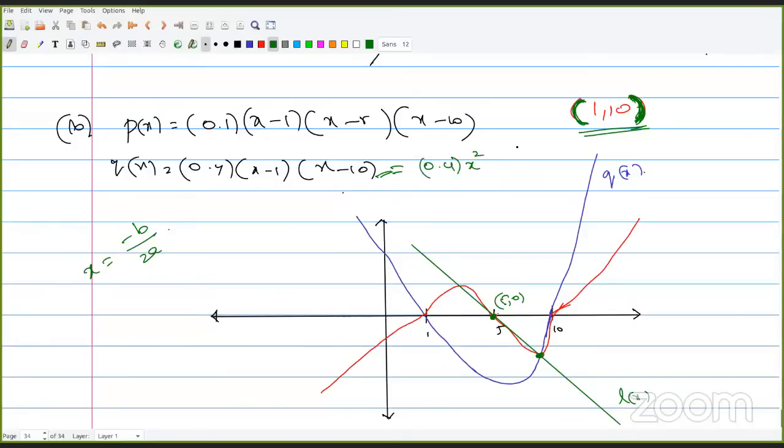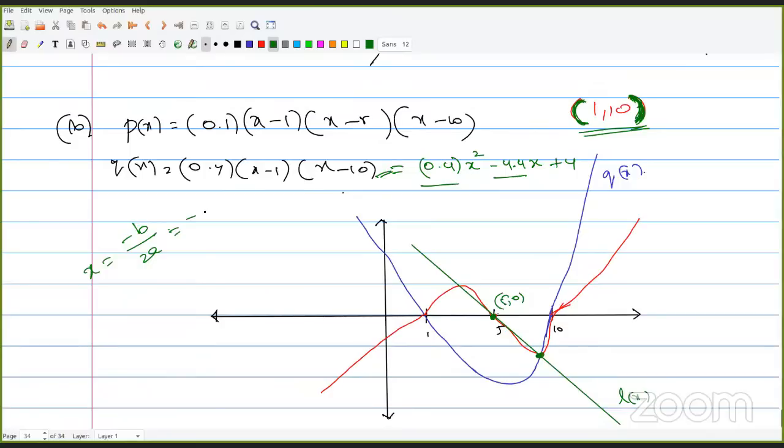0.4 into x square minus x minus 10 minus 11 minus 4.4 into x plus 10 plus 4. So this is how the general form will be. So a is 0.4, b is minus 4.4.